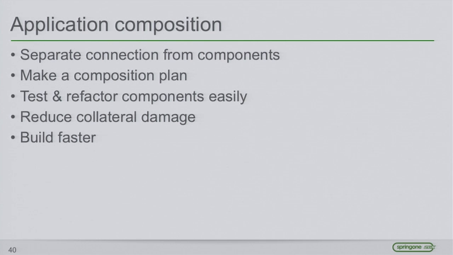You can have modules, you can have loose coupling, you can have unit testable, refactorable components, and you can bring them together in a way that you've been doing in Spring. You can do that in JavaScript and build real applications and get all the benefits that you get from doing it in Java, right? Build faster, reduce refactoring damage, all that stuff.